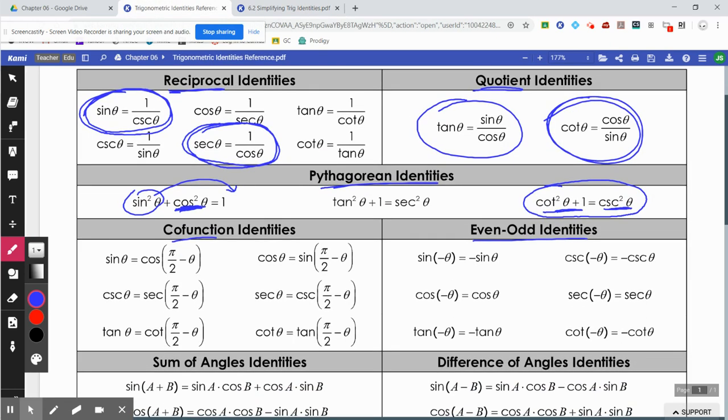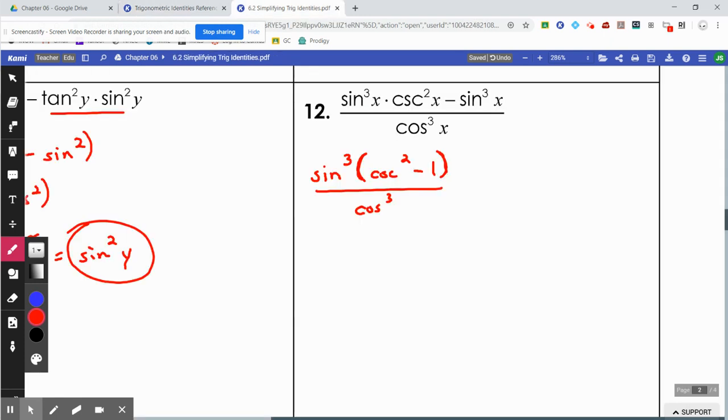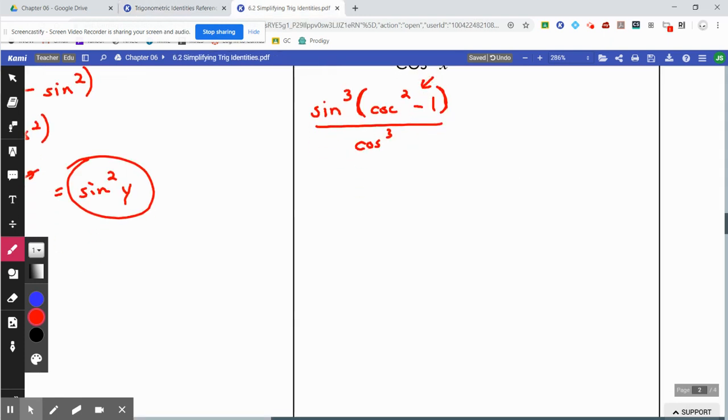Anytime I see those ones and anything squared, I start thinking Pythagorean. And you can see this one right here, cosecant squared. If I were to move that 1 over, cosecant squared minus 1 would equal cotangent squared. So let's go back and replace this with cotangent squared. So I now have sine to the third times cotangent squared over cosine to the third.